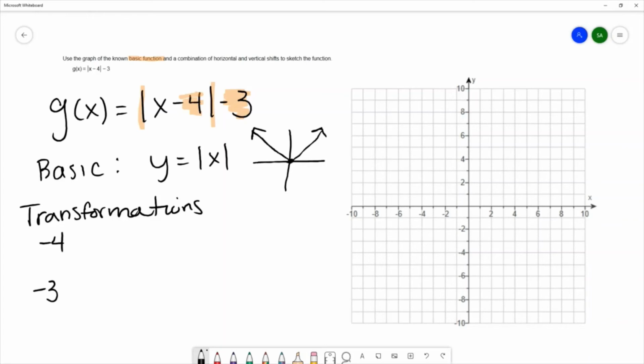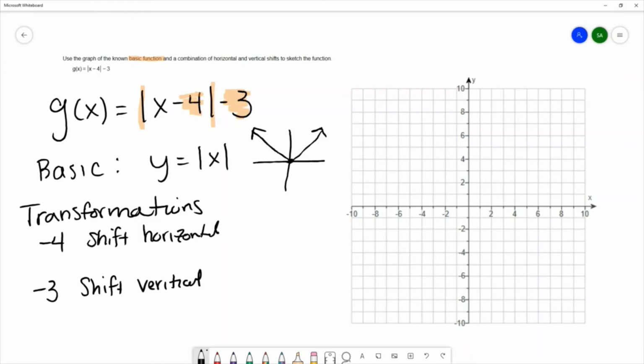Both of them are adding and subtracting, so we know that they are both shifts. The -4 is on the inside of the absolute value, making it a horizontal shift, whereas the -3 is on the outside of the absolute value, so that's a vertical shift.